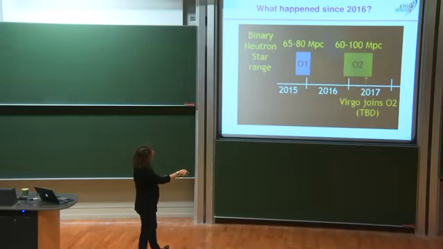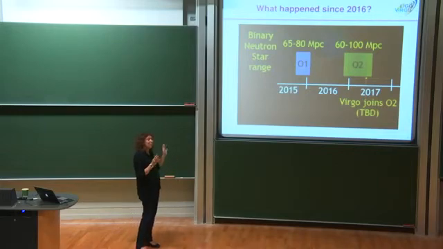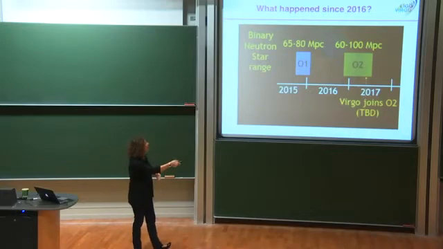So we did some of that in here. And we started taking data again on November 30th, and we have a range between 60 and 100 megaparsecs. If you ask me later, I can tell you more about why that 60 is less than that 65. But what you should look at is that 100 is larger than that 80. So we know better things, even though the 2 detectors don't have 100 megaparsec sensitivity.